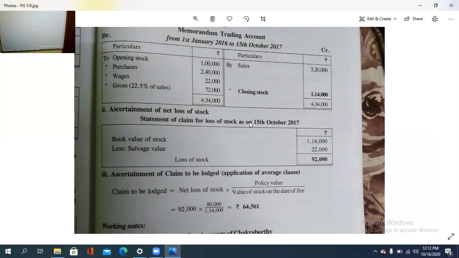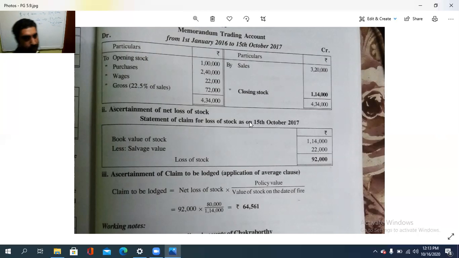So the book value of stock is 114,000, less salvage value 22,000. So it is 92,000. See, 92,000 is the loss of stock.